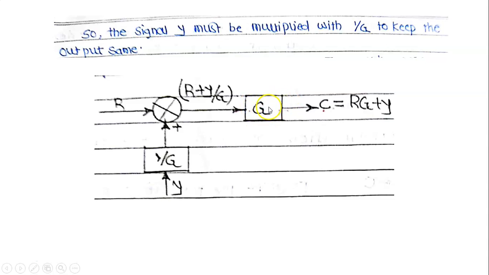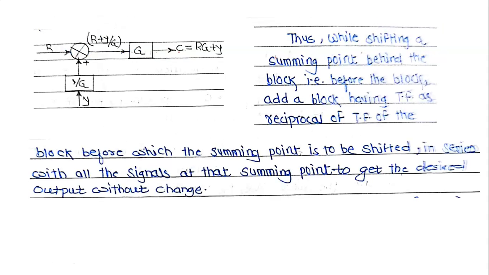Here the value of the block is G, and here we have added a block having its value 1 upon G. Thus while shifting a summing point behind the block, that is before the block, add a block having a transfer function as the reciprocal of the transfer function of the block before which the summing point is to be shifted, in series with all the signals at that summing point, to get the desired output without change.